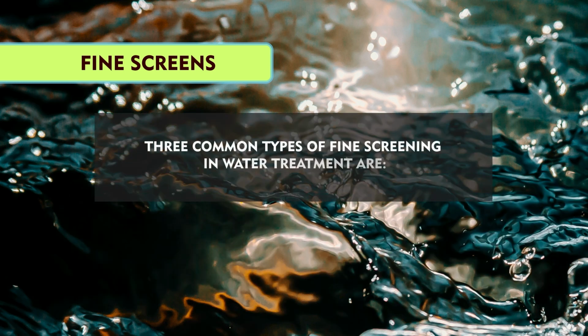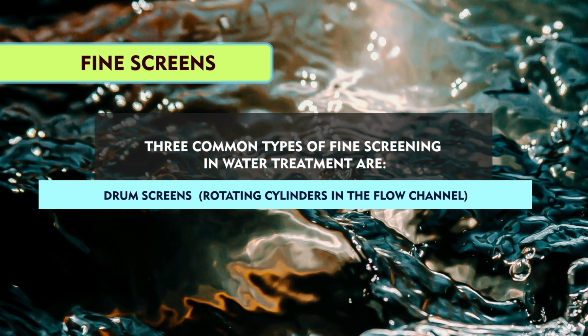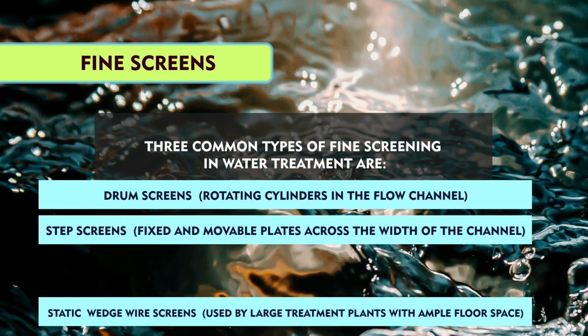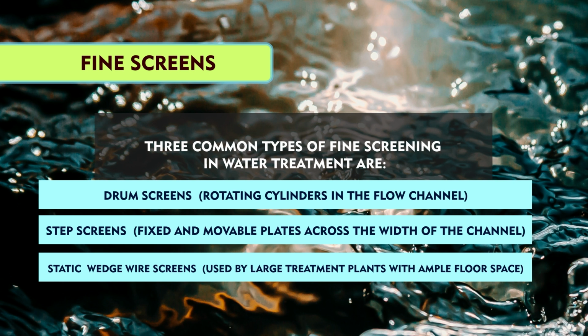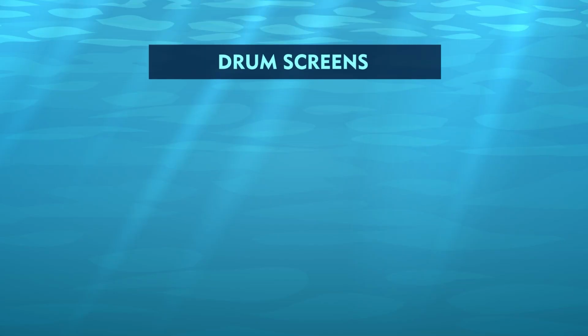Three common types of fine screens in water treatment are drum screens, which are rotating cylinders in the flow channel; step screens, fixed and movable plates across the width of the channel; and static wedge wire screens, used by large treatment plants with ample floor space. Drum screens.